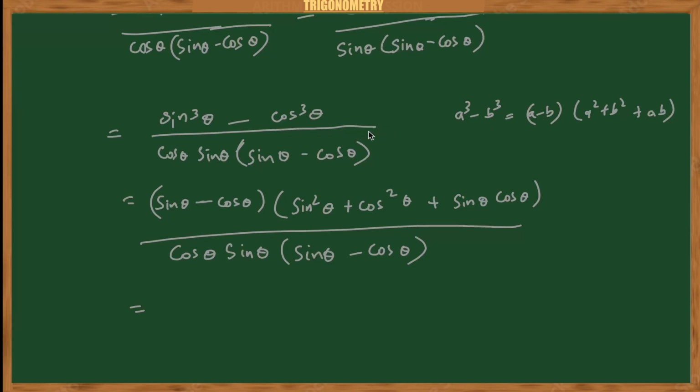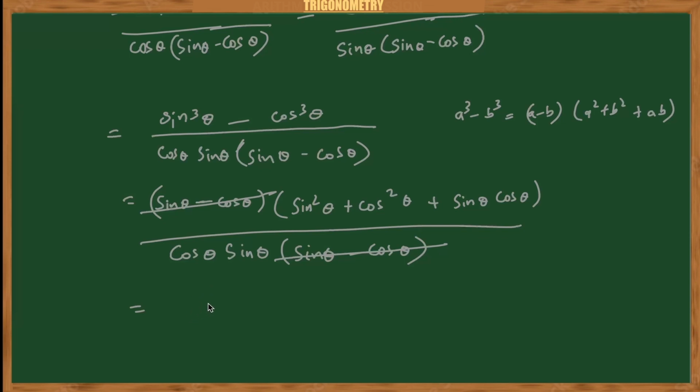So we need to keep moving further, simplifying these trigonometric expressions. How can we resolve further? We can use this identity, and utilizing it we got one of these formats, which we can see here. Sine theta minus cos theta is in the denominator and on the top also, so we can cancel this.